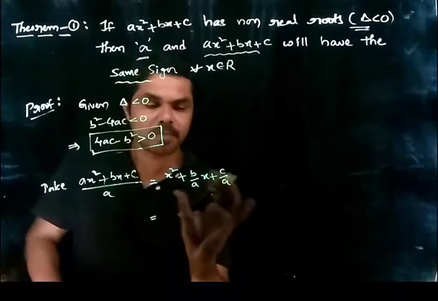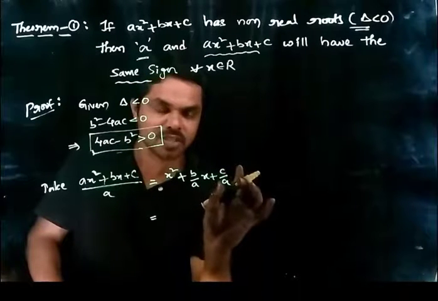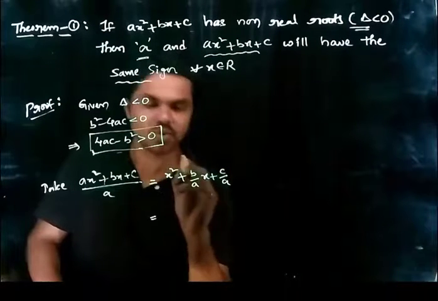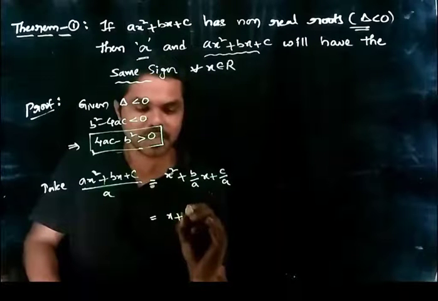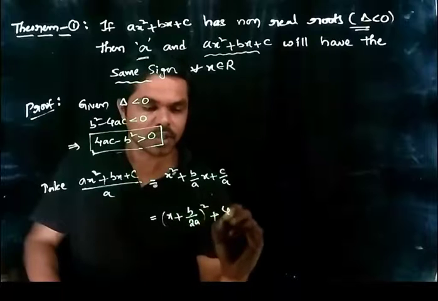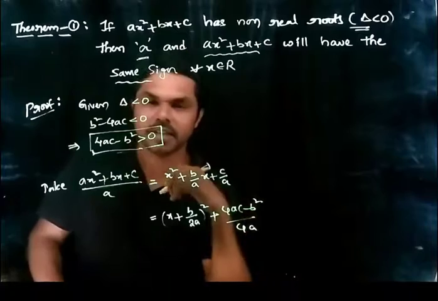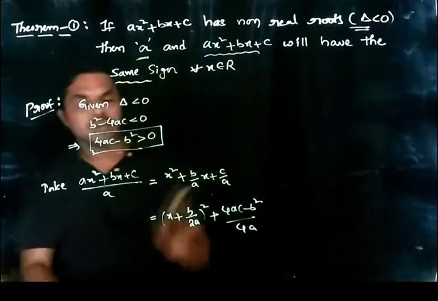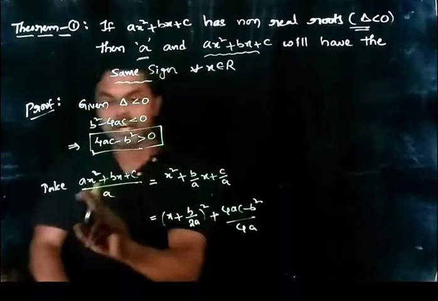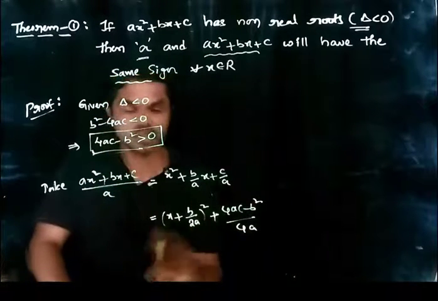After simplification, by adding and subtracting b by 2a whole square, you will get x plus b by 2a whole square plus 4ac minus b square by 4a square. Okay, right. Now what does it mean? ax square plus bx plus c by a is equal to this value.